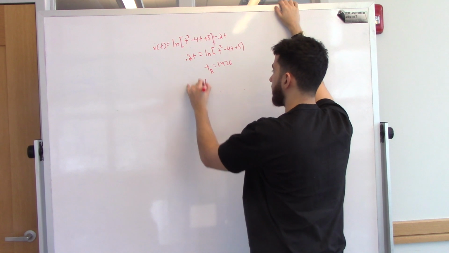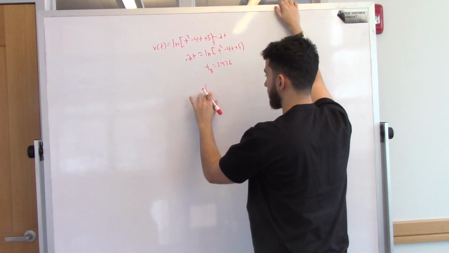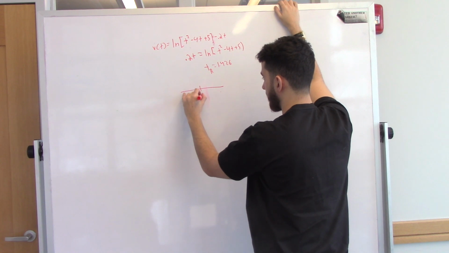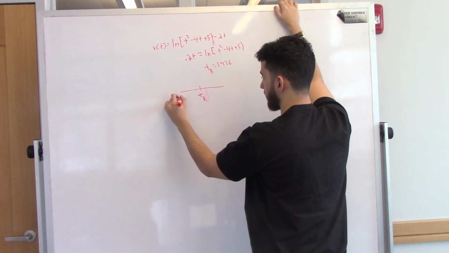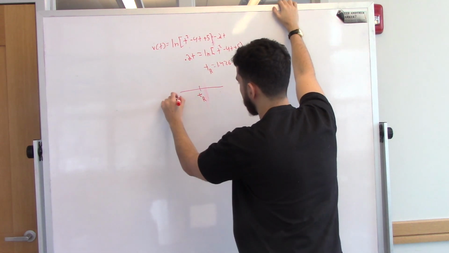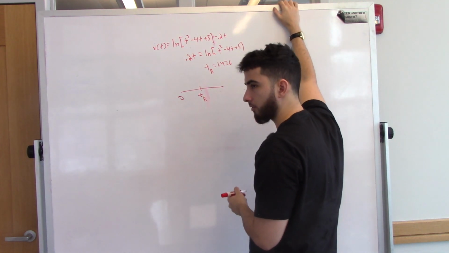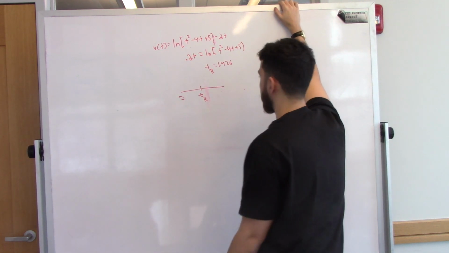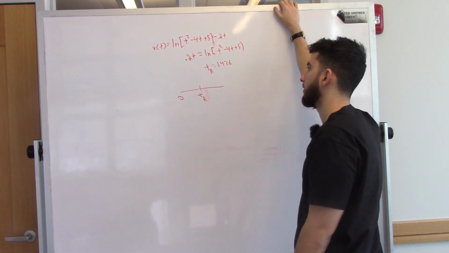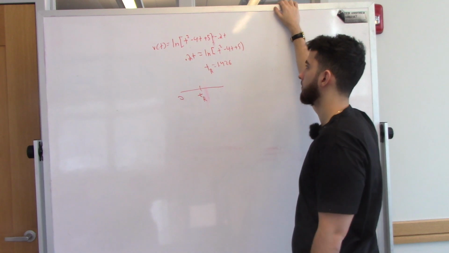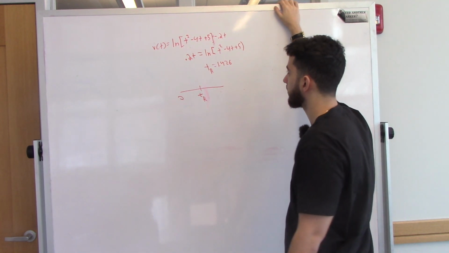But now, what you gotta do is, from 0 to TR, we have to figure out if the particle was moving for positive velocity or negative, right? So let's just plug in something straightforward, like 1.